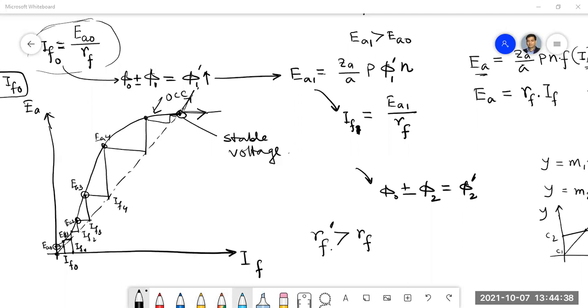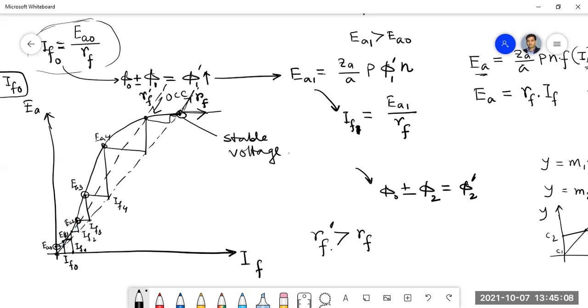Correct. The slope will increase. Simply put, resistance is the gradient of the resistance line, isn't it? So if I increase the resistance, the slope will increase. So instead of this slope, I will get this slope. If this is as per RF, this will be as per RF prime, because RF prime is more than RF.